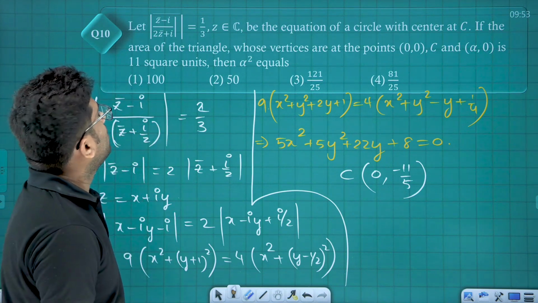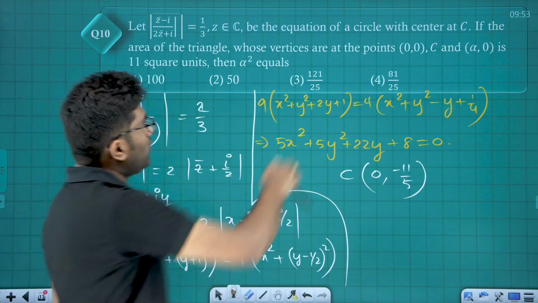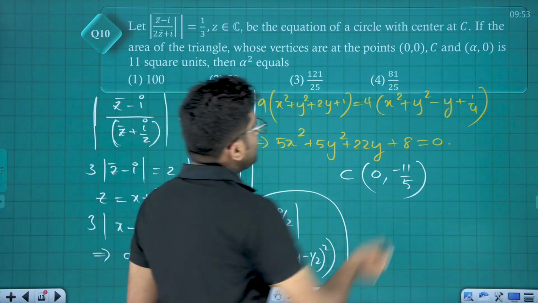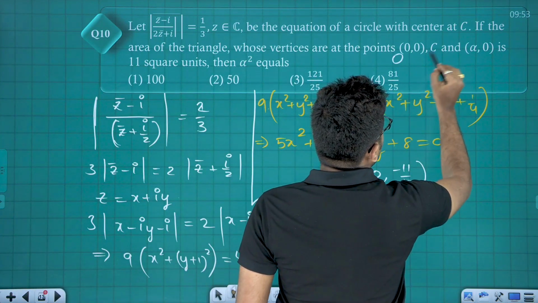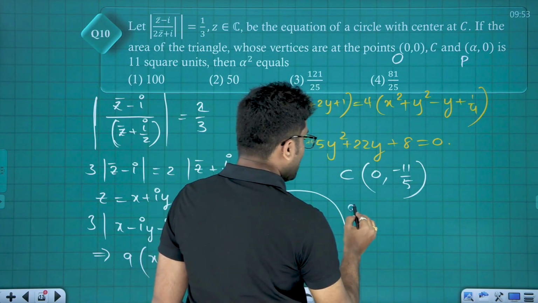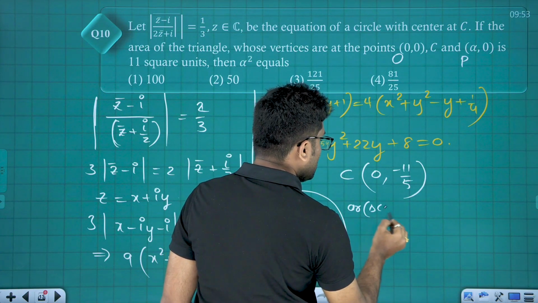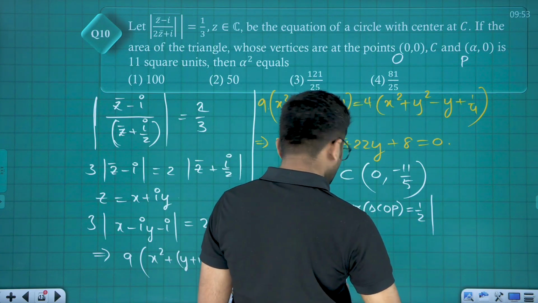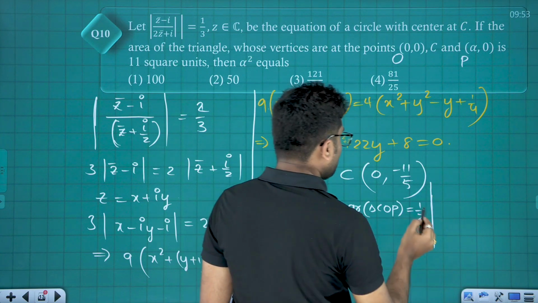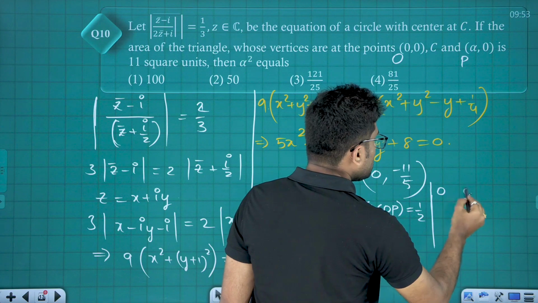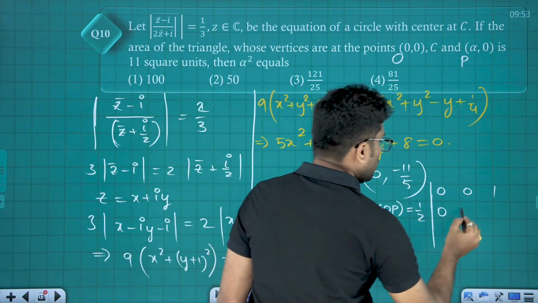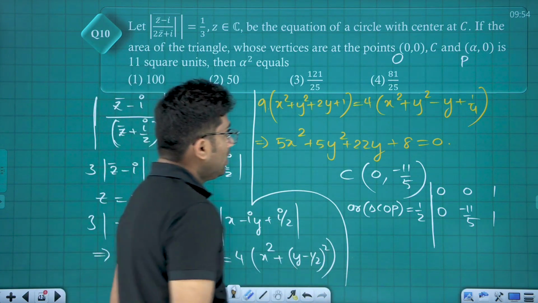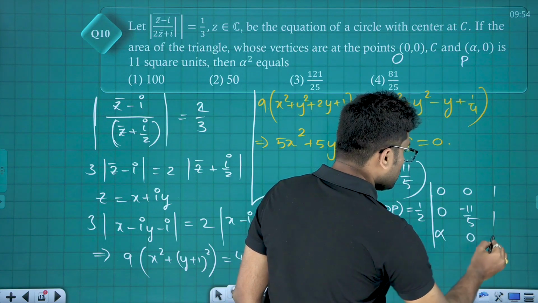Now what do we need? The area of the triangle, same question again. Now if we know the 3 coordinates of a triangle, what is the area of the triangle? Let's say this is some C, O, P. So area of triangle COP is equal to half into determinant of 0 0 1, 0 minus 11 by 5 1, x1 y1 1, x2 y2 1, x3 y3 1, and the third point is alpha 0 1.